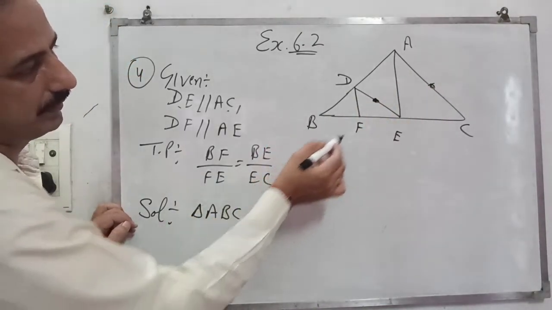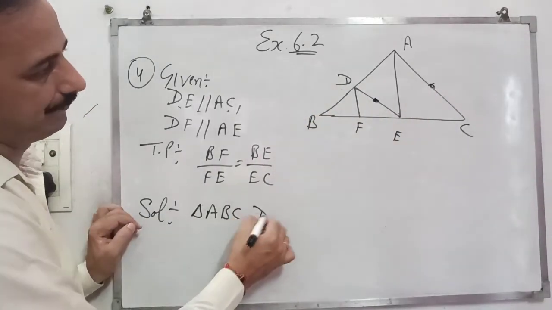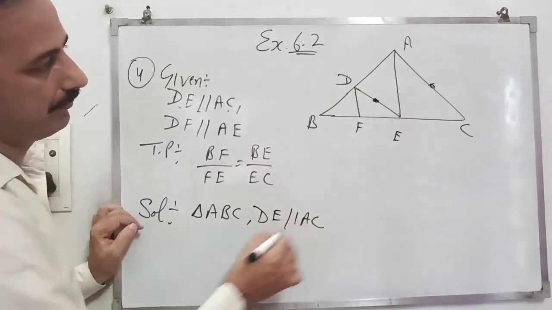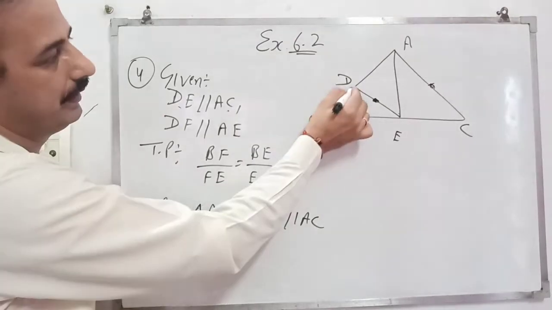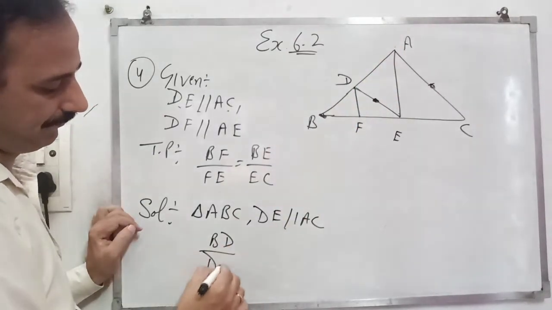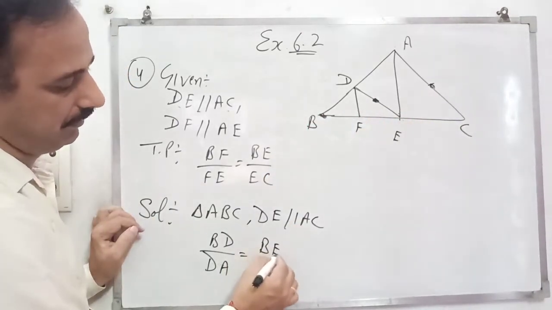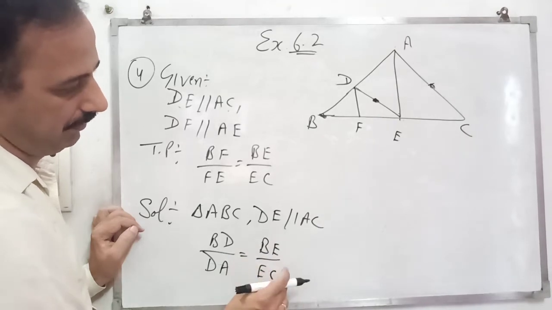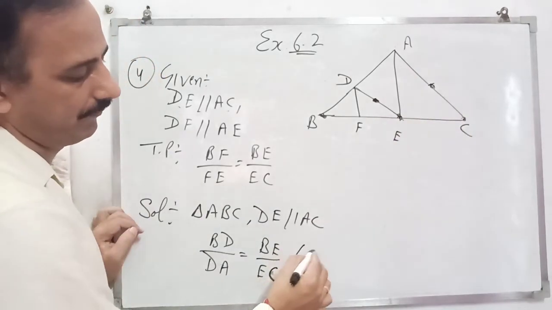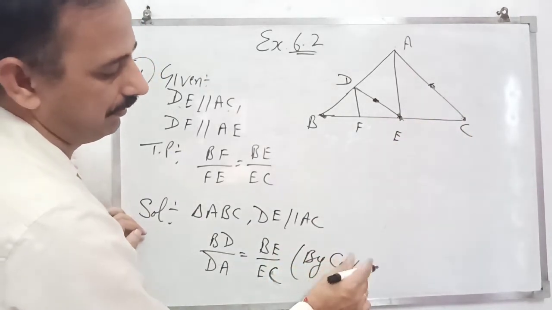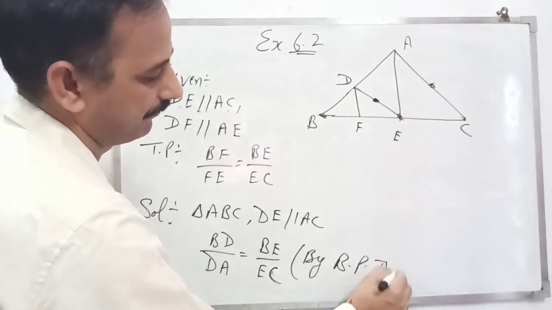If DE is parallel to AC, then from this point we can use BD upon DA equals BE upon EC, by the BPT theorem.